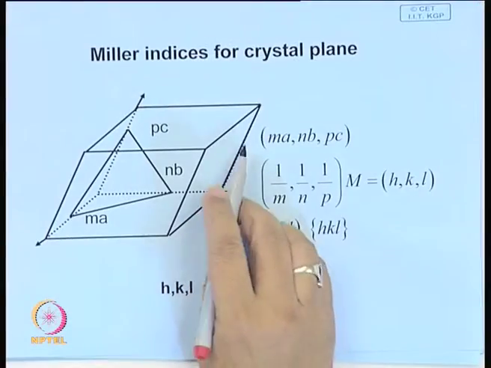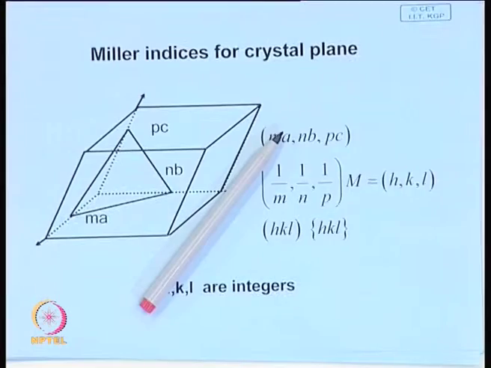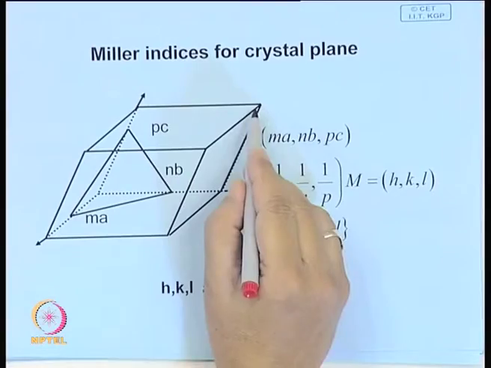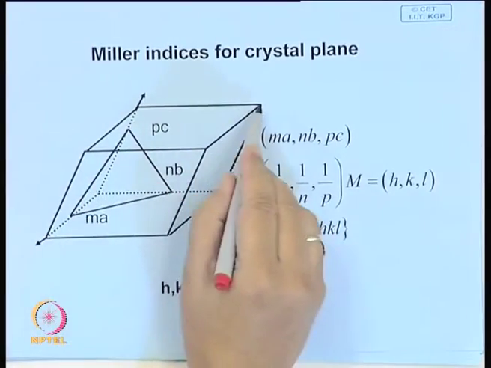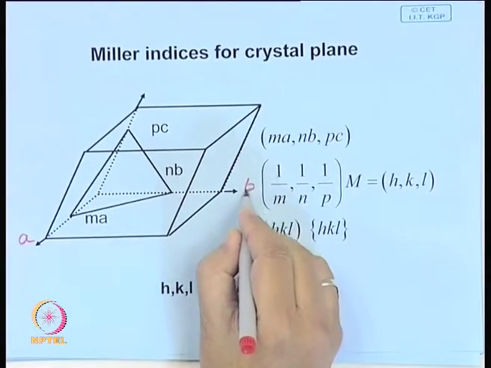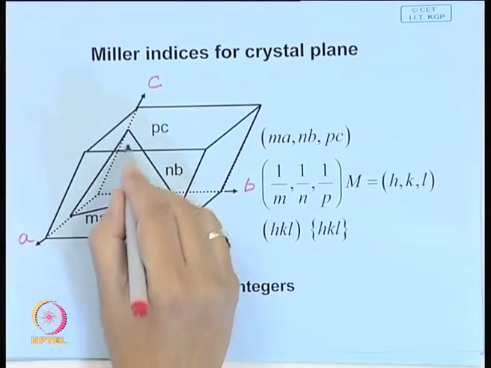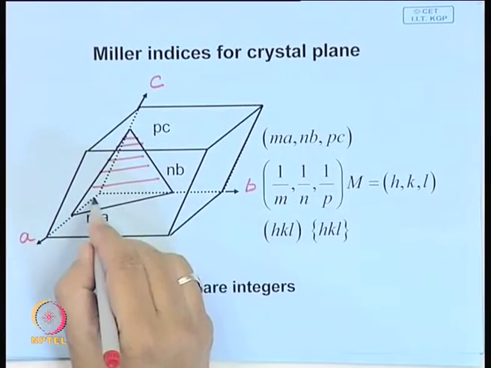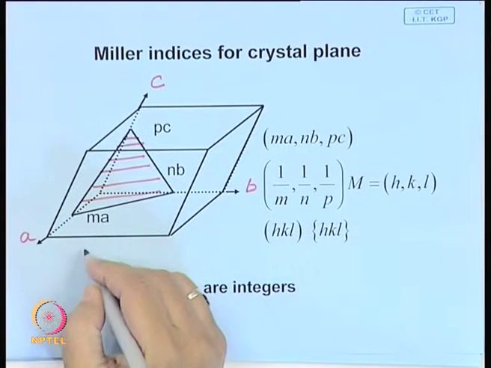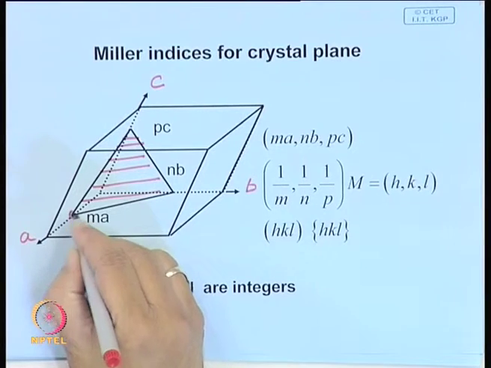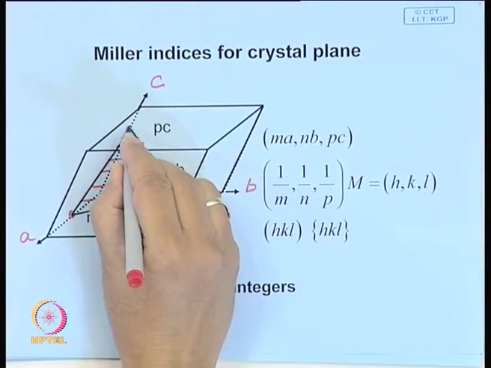Now, let us look at the indices of a plane. Say this is one crystal, and these are the axes A, B, C. Suppose we want to find out the indices of this plane. How will you represent this plane? We look at where it intersects these three crystallographic axes.